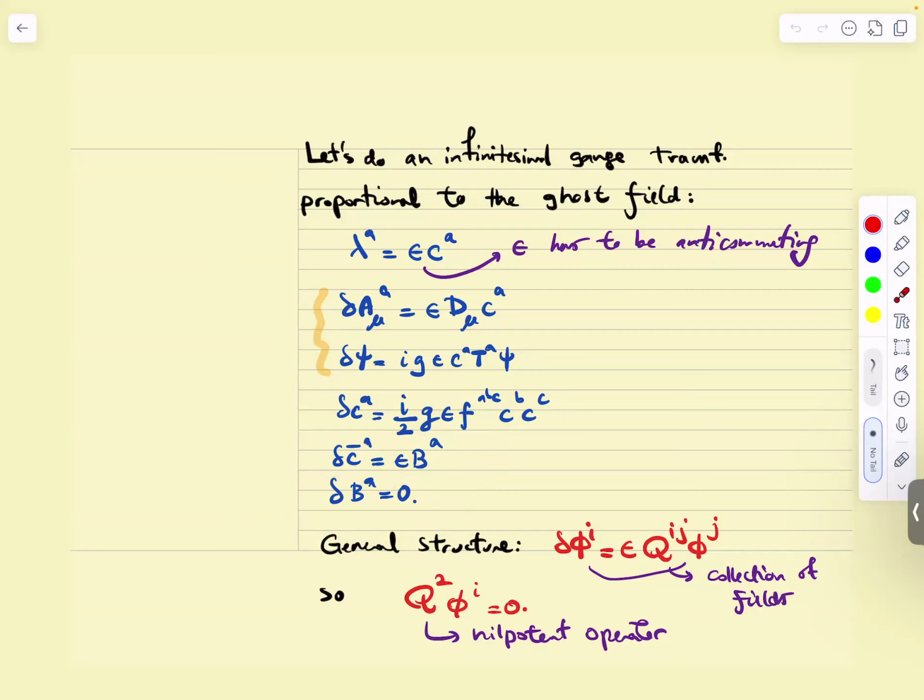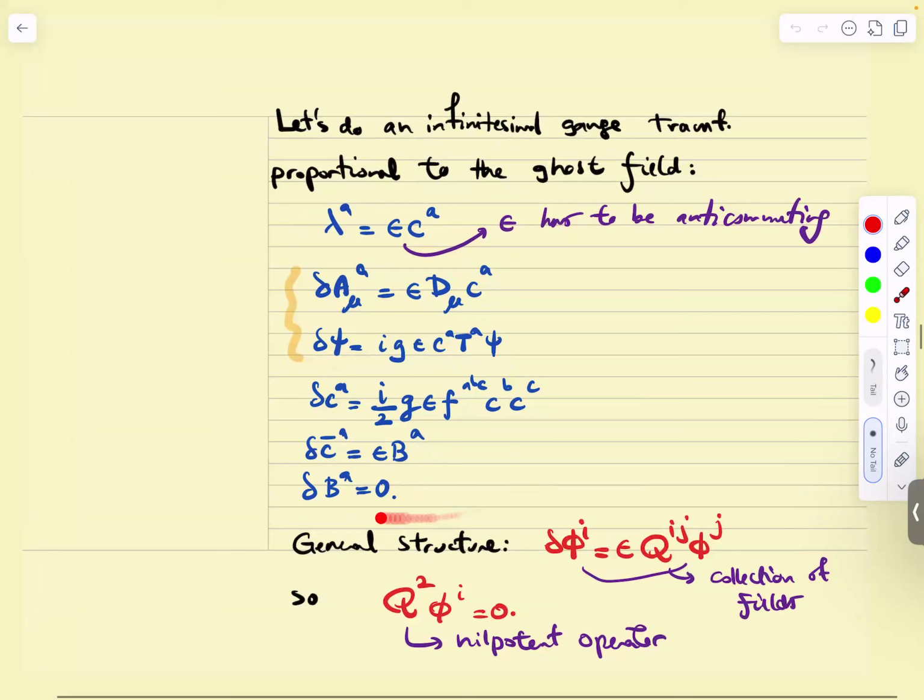I don't expect you to see how this is built, but let's just take it at face value. This is some transformation someone has given to you. We're going to see step by step that this is a symmetry, and we're going to explore its consequences.